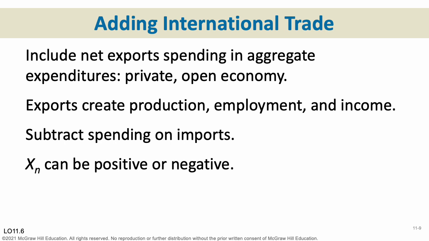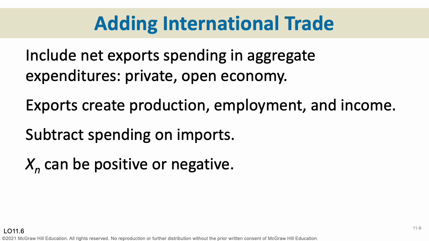So next up, we can add international trade. And international trade can either have a positive or a negative effect, remember, on GDP. International trade is exports minus imports. If a country exports more than it imports, it's going to increase GDP. If it imports more than it exports, it's actually going to reduce it.